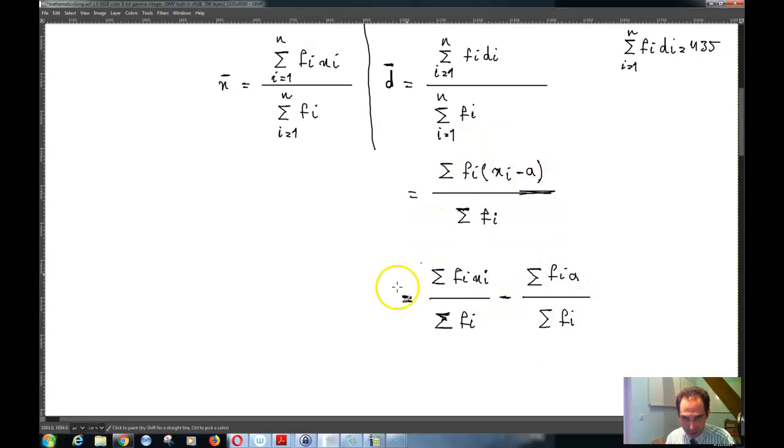It does work, but of course you cannot simply assume, using normal algebra, that since I have the sigma of this and the negative sign, I can separate them this way. The sigma notation means that you have all of these f of i times x of i minus a added together. So you have to expand it, and if you need to, prove it to yourself that this actually works.